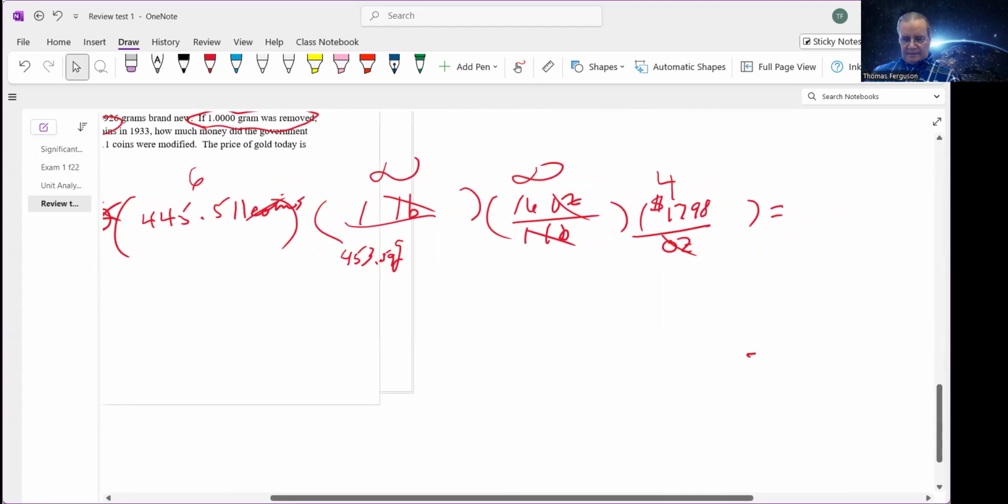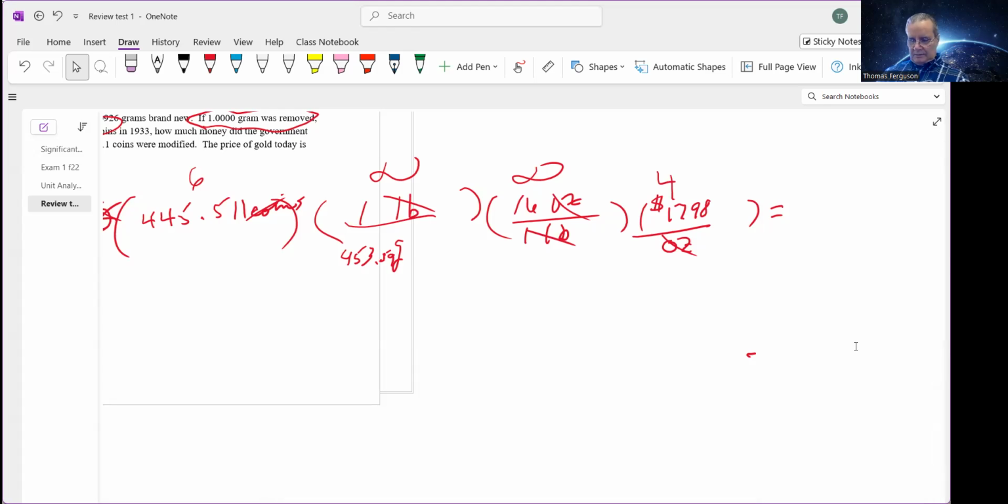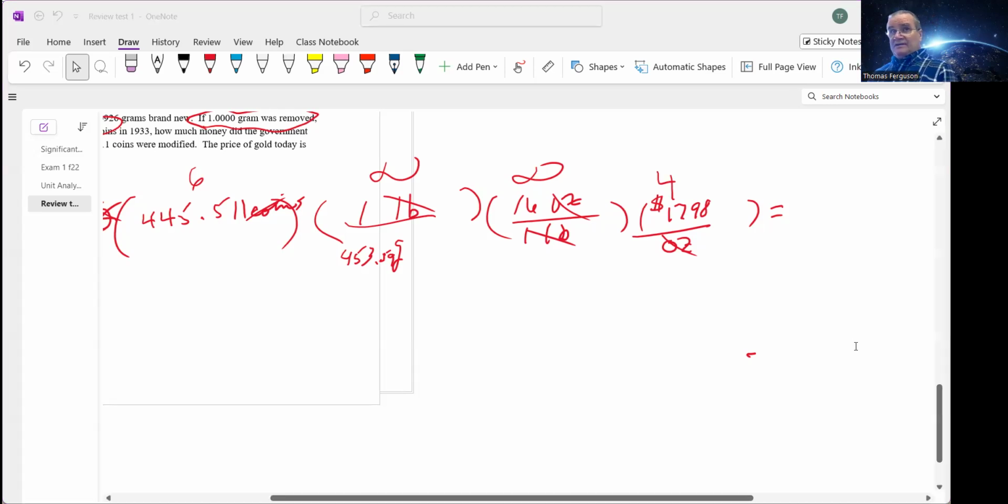All right, so let's grind this baby out. Okay, so this is how much money the government would have lost if the cost of gold at the time was 1798.